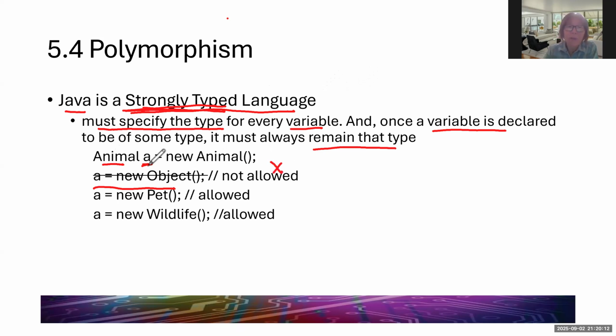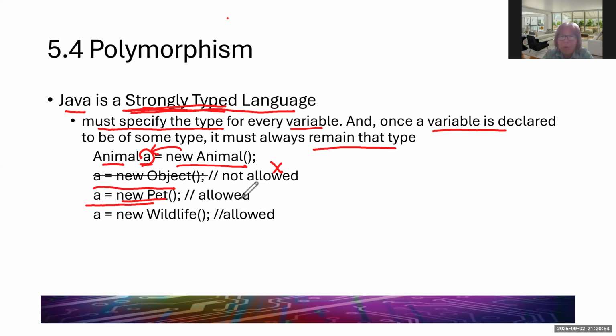In this case, you not just declare, you also initiate, create an object and assign the object to variable a. If you recall, a is on stack memory, and this new Animal will allocate a block of memory, and then a refers to that memory on the heap. But you are allowed to do this: new Pet, and then you set that to a.